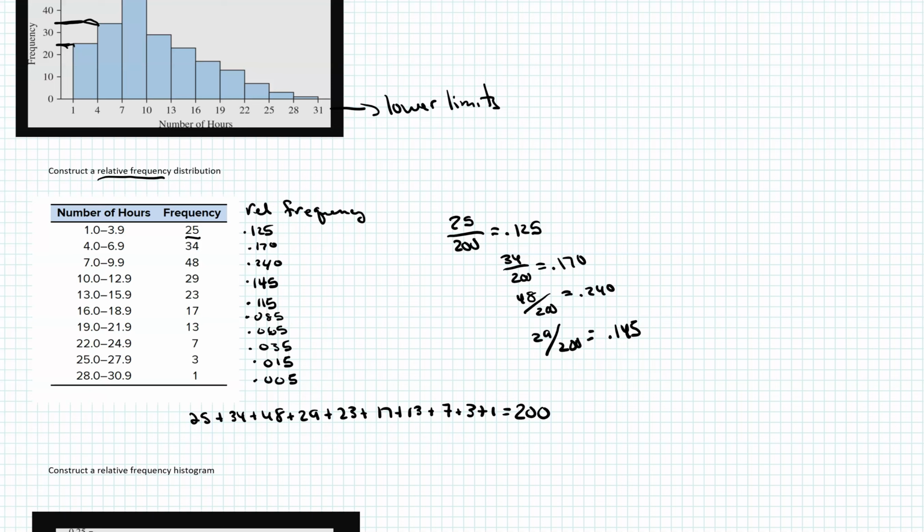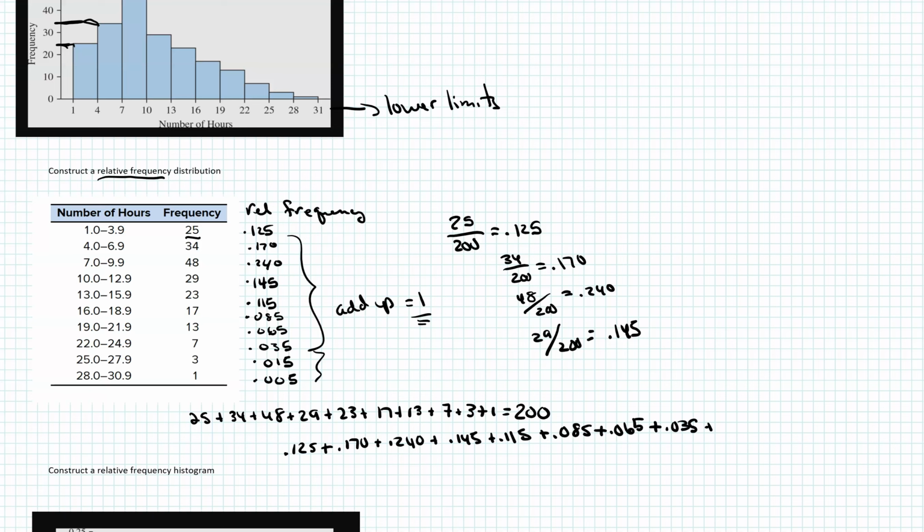If I add up all of these relative frequencies, the whole total, it should add up to 1. So if you take 0.125 plus 0.170, 0.240, 0.145, 0.115, 0.085, 0.065, 0.035, 0.015, and 0.005, that will equal 1.